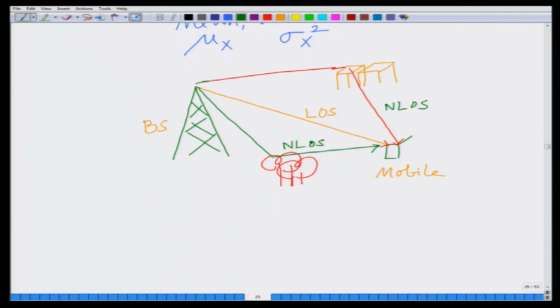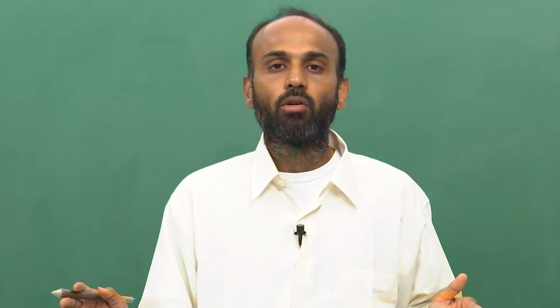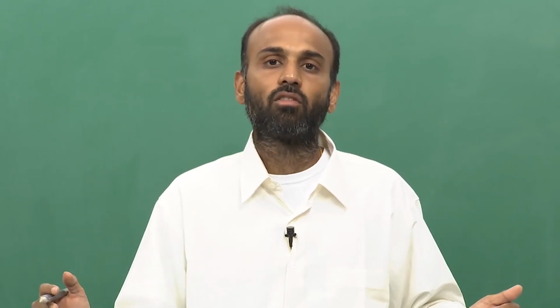Because there is no guiding medium for the propagation of the signal, there is a direct line of sight component between the transmitter and receiver, and several non line of sight components which arise from the reflections of objects such as the trees, buildings, large objects which are in the wireless environment.